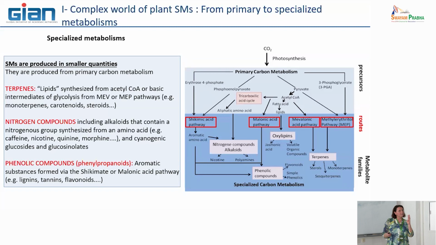But in plants in particular, compared to animals and fungi, there is this original pathway that can also be observed in microorganisms. That gives plants the possibility to have 2 origins of terpenes, which can also have an influence on specialized metabolism in general.